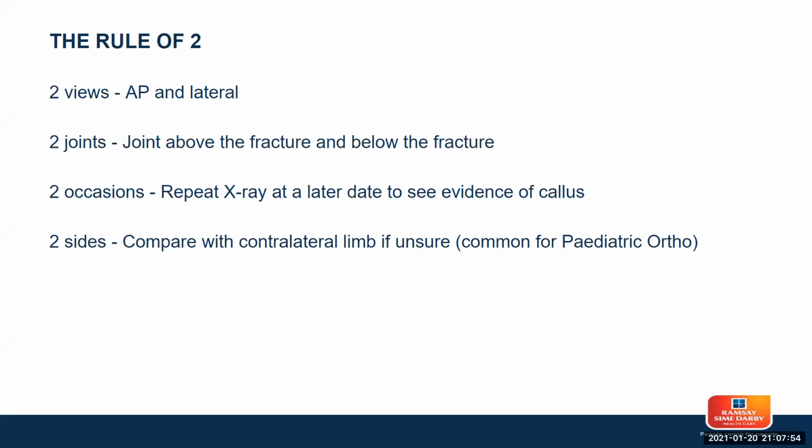And sometimes you need to take two sides, and that is to compare the contralateral limb. And this is commonly used in pediatric orthopedics because sometimes in children, the X-rays are even more difficult to interpret and to identify. And if you're not sure, you tend to take an X-ray of the opposite limb as well, right? So this is generally the rule of two when you're reading X-rays.